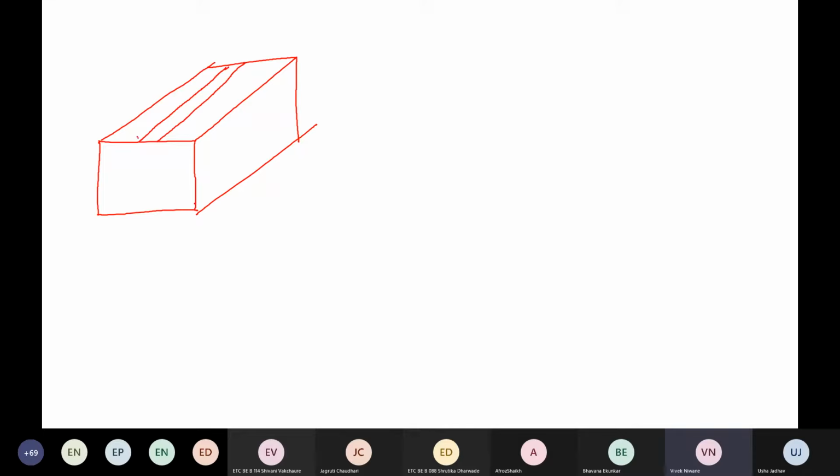Okay, so please be with me for my 3-dimensional diagram. I am really not good at the 3-dimensional diagrams, but let me try it.